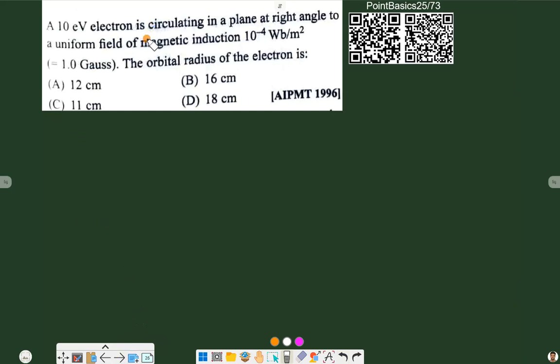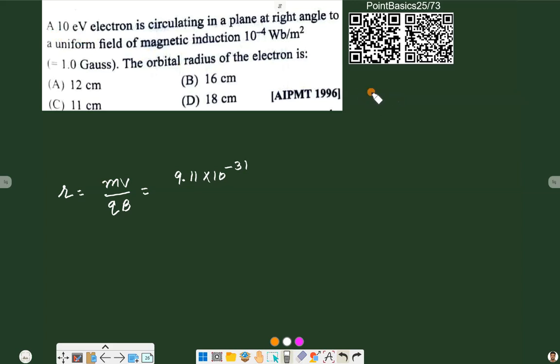A 10 electron volt electron is circulating in a plane at right angle to a uniform magnetic field. Value of field is mentioned. The orbital radius we have to find out, and we know that orbital radius r is equal to mv by qB. Mass of electron is 9.11 into 10 raised to power minus 31. But here we have been given the energy of the electron, and that energy is the kinetic energy.